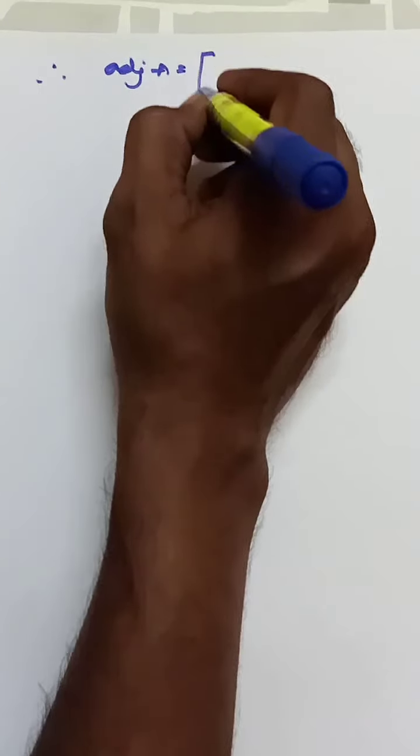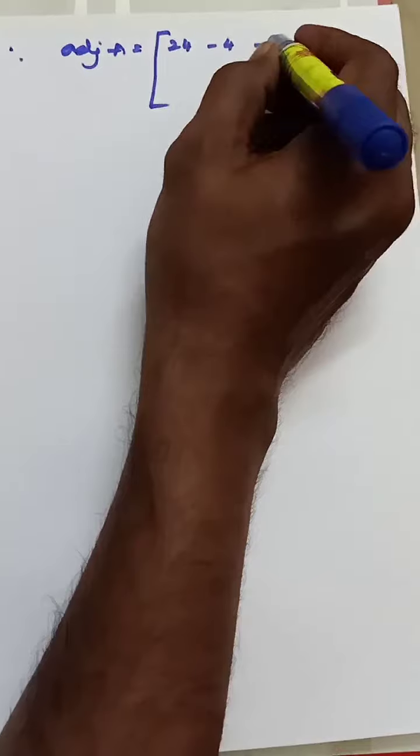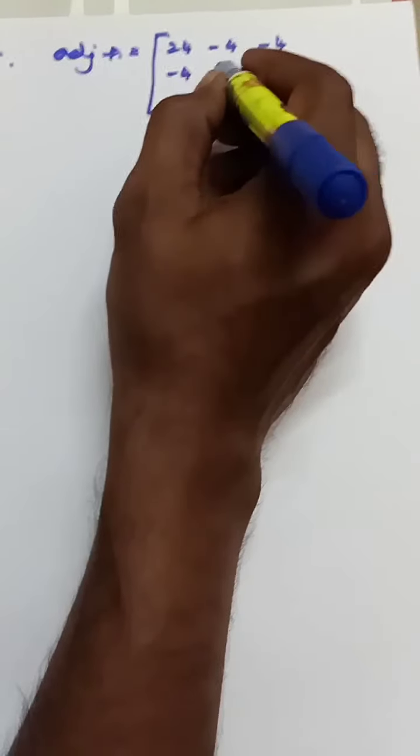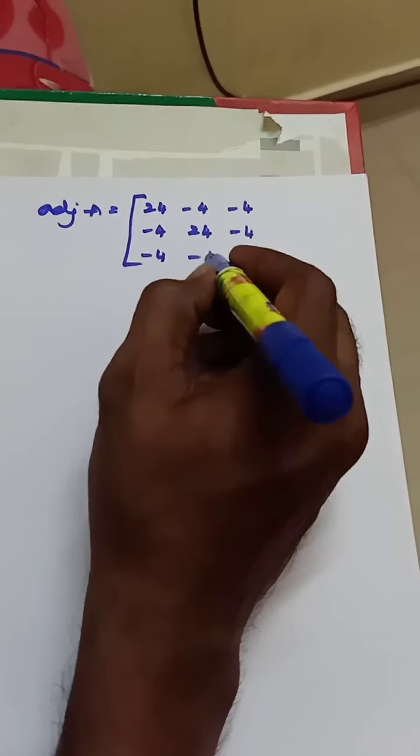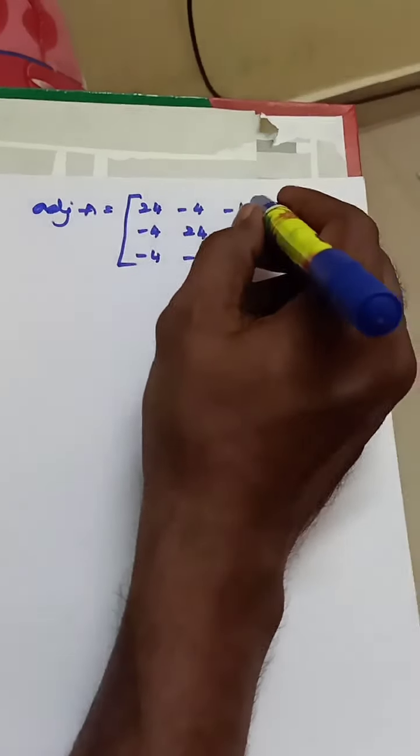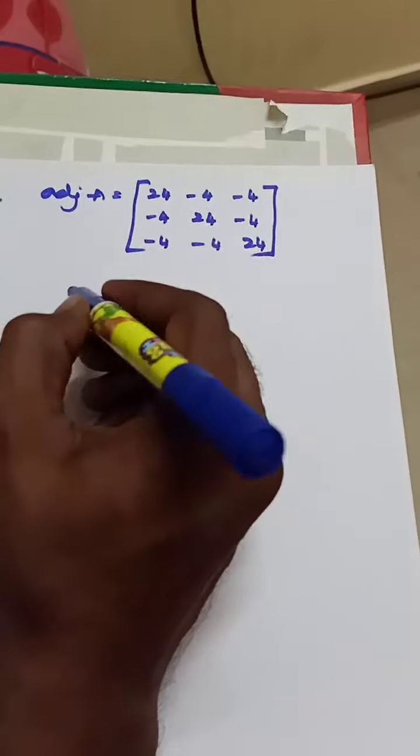Therefore, the adjoint of A is nothing but the same matrix: 24, minus 4, minus 4; minus 4, 24, minus 4; minus 4, minus 4, 24. No change in our transpose.